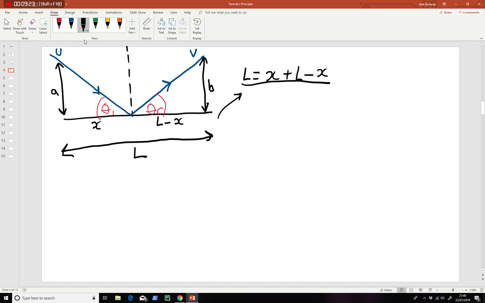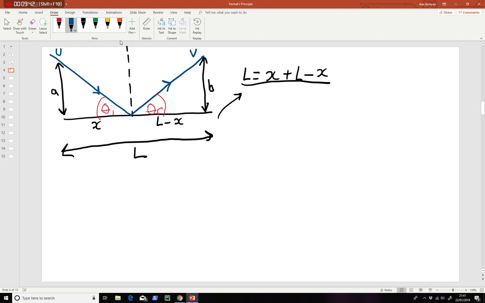What we are going to do first of all is write a mathematical expression for the total length, the resultant length that the ray of light is traveling. In order to do that, we need to use trigonometry.